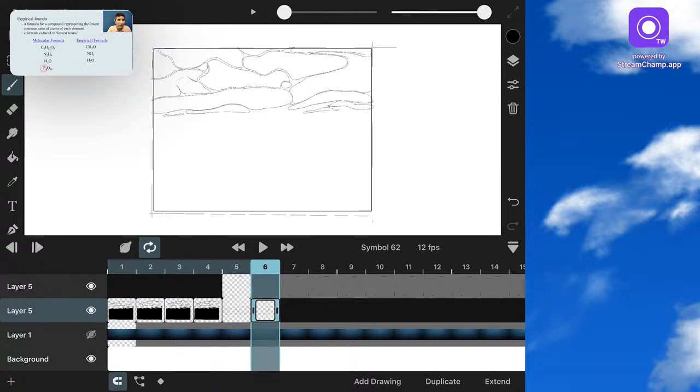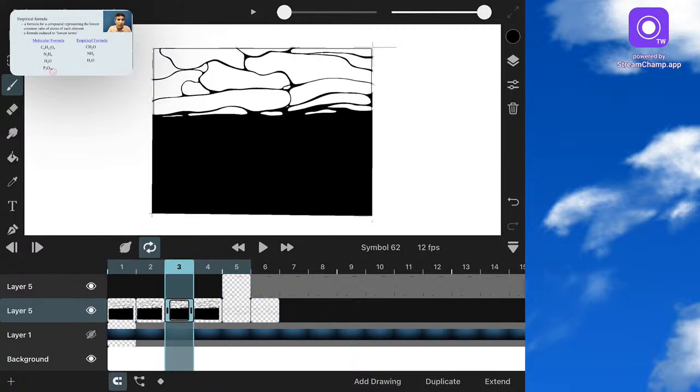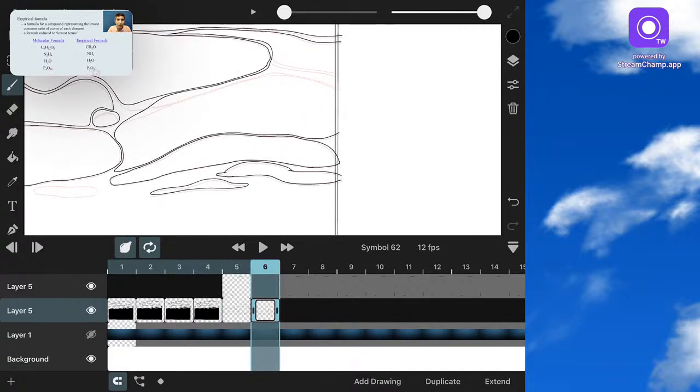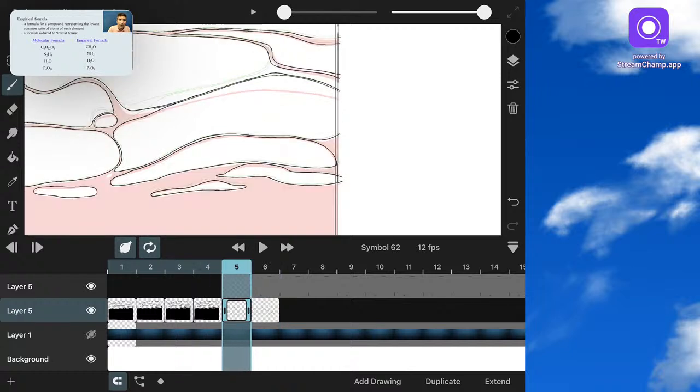In the case of tetraphosphorus decoxide, P4O10, we can reduce that down to an empirical formula of P2O5, can't we? So we have a molecular formula and we have an empirical formula, which is in the lowest terms.